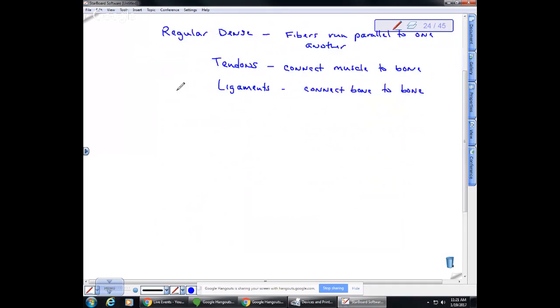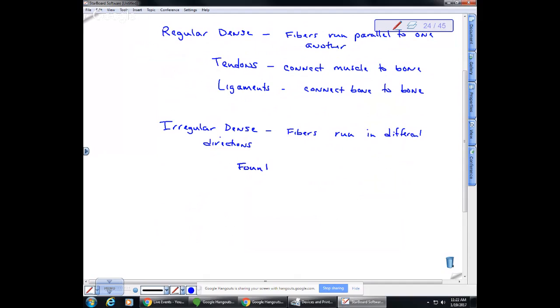Okay. We also have irregular dense, and this means that the fibers run in different directions. So around our joints, like around our shoulder joint, for example, we have joint capsules.